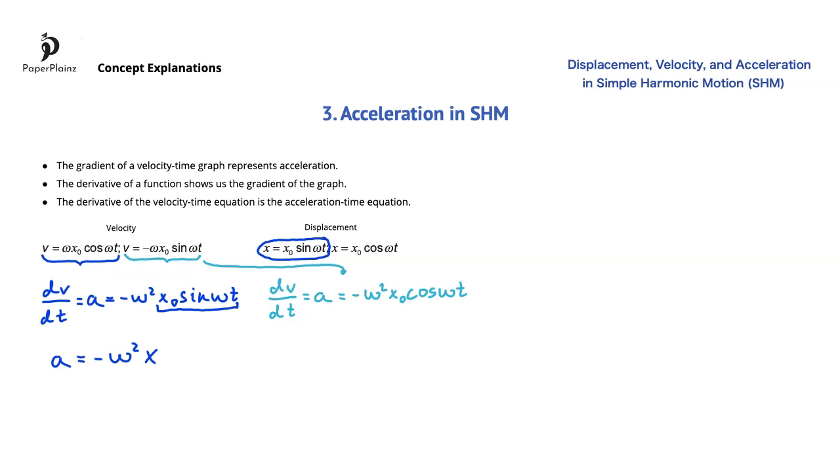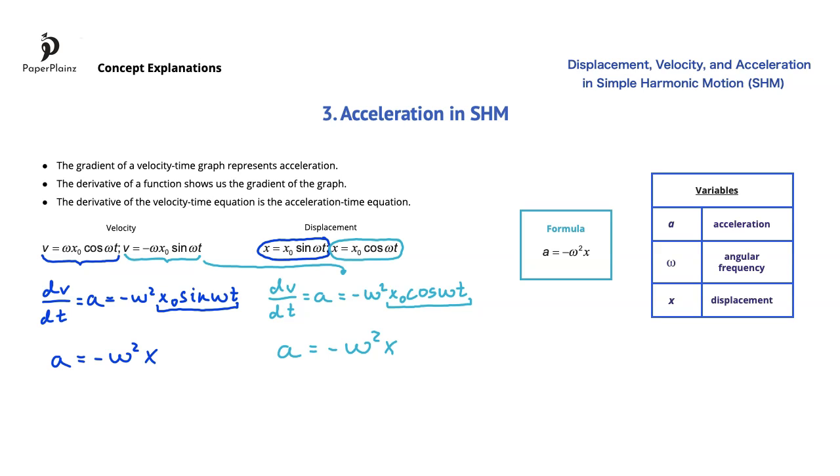This is another way to express the acceleration time equation, and this equation can also be further simplified. x0 times cosine omega t is the other expression for the displacement, so substituting this by x, we get that a is equal to negative omega squared times x, which is exactly the same as we found in our previous working. This formula for acceleration is included in the IB Physics data booklet, and as a reminder, here are the variables that are present in this formula.